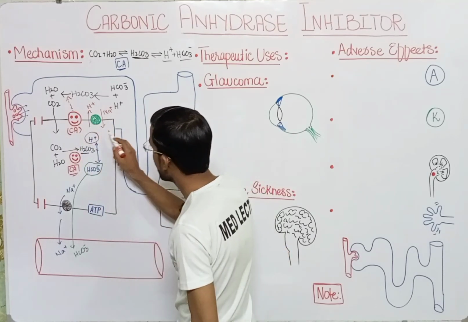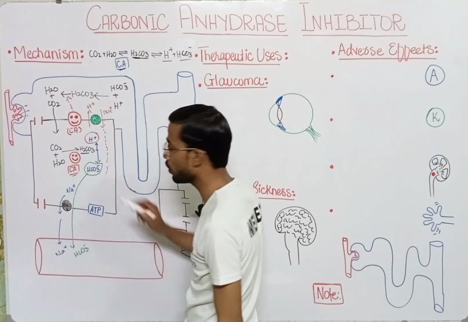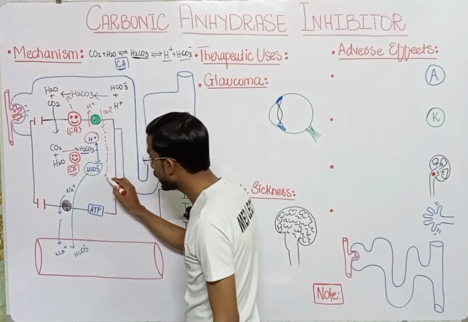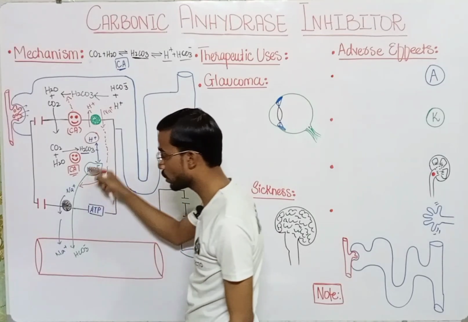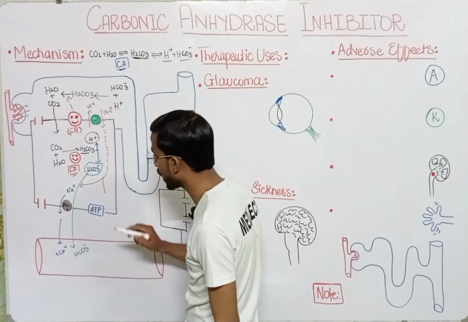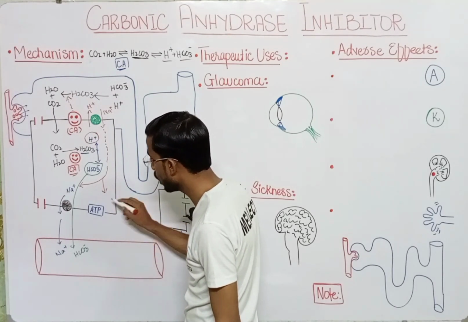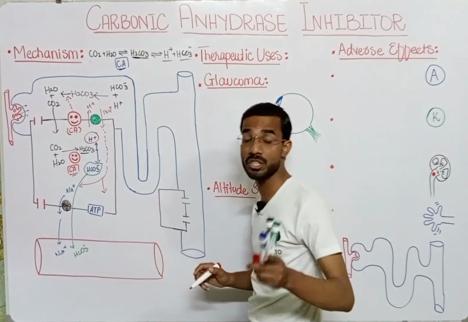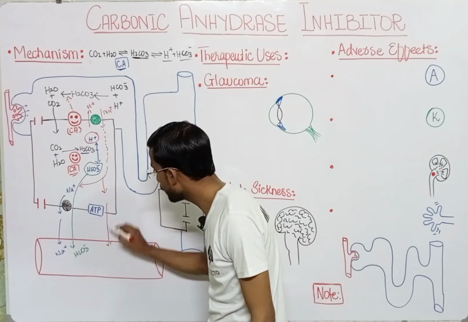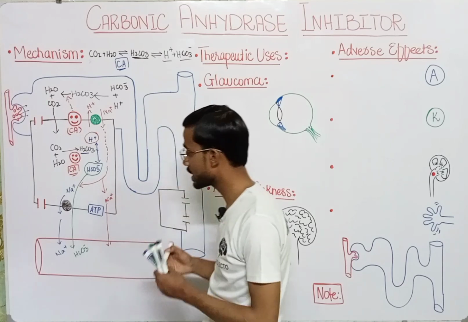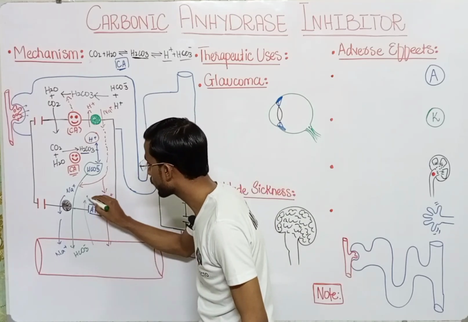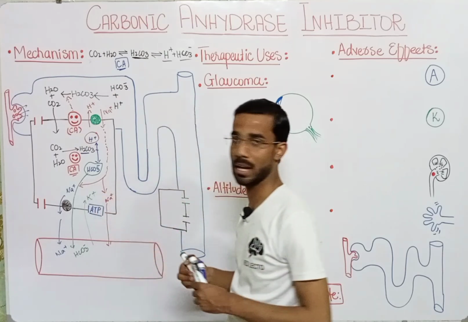Now this sodium has two ways to enter the bloodstream. It goes through with the bicarbonate ion, or it has another pathway: it can go into the blood with the help of the sodium potassium ATP pump, where sodium moves out and in exchange potassium moves inside the cell.